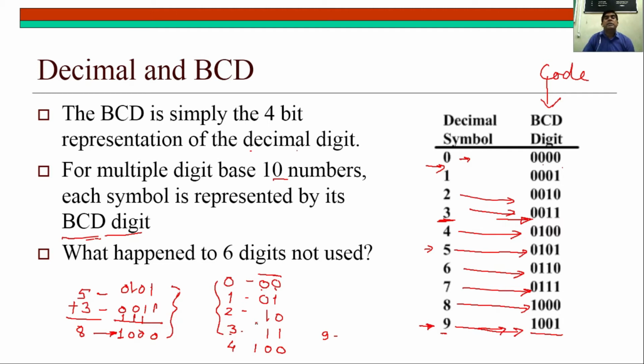BCD is more important. For another course we will only use the introduction part and not do any arithmetic, but here we will go into more detail about BCD arithmetic.